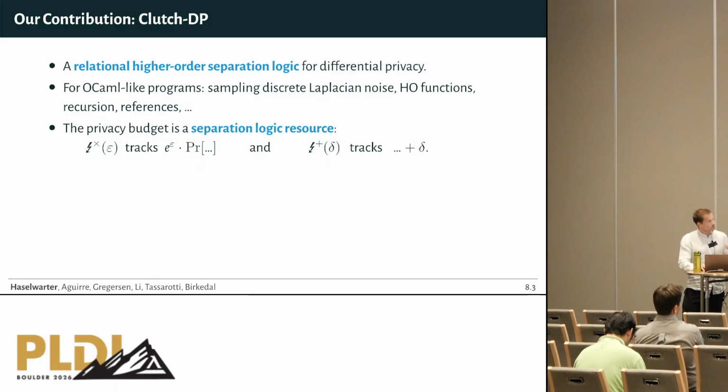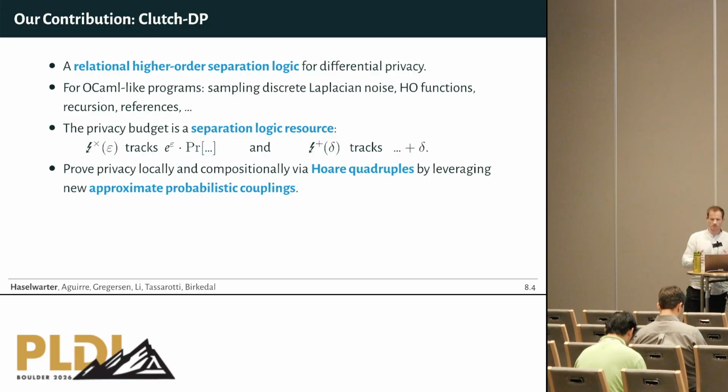The key idea that makes this logic tick and nice to use is that we represent the privacy budget as a separation logic resource. So you get one kind of privacy credits, the epsilon credits for the multiplicative slack in the differential privacy definition, and you get a different kind of resource, these delta credits, that track the additive slack.